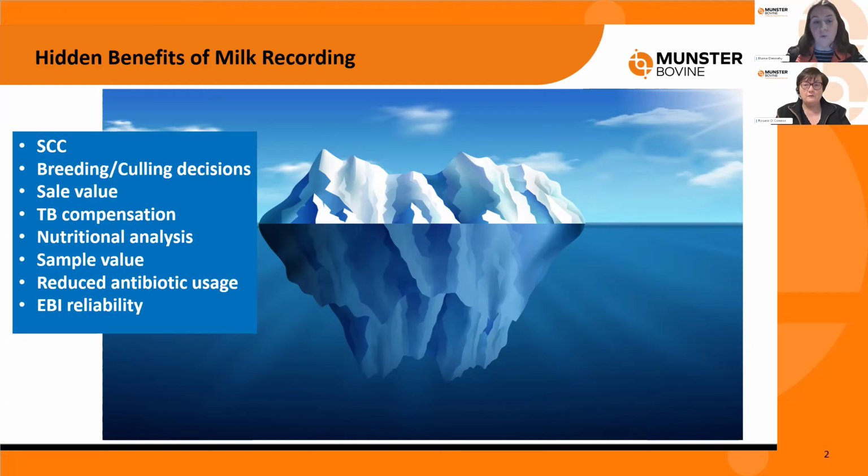So what we do with that is we look at the constituents for the milk recording. So we look at the percentage of cows that have a protein of less than 3%. We also look at the fat to protein ratio. And those two things can really indicate maybe an issue with negative energy balance at that point when the milk recording was done. So that's very useful information to have.